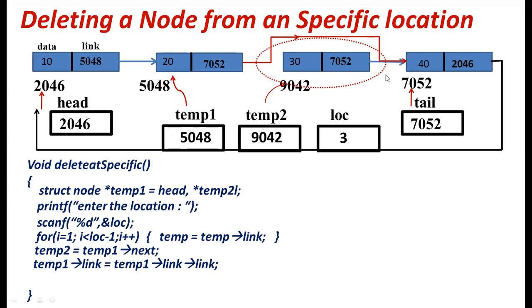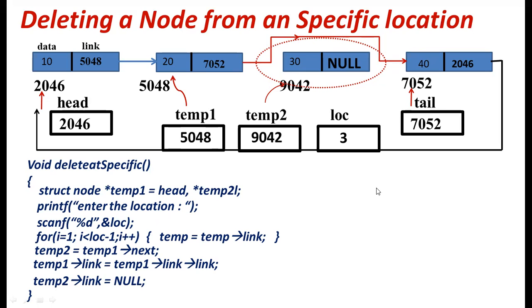Now we have to remove this connection. So how to remove this connection? Temp2 is pointing to this node. So temp2 to link is equal to null. Now that connection got disconnected. So this is our circular linked list. But before that, we have to free this node because we have created this node dynamically by using the malloc function.